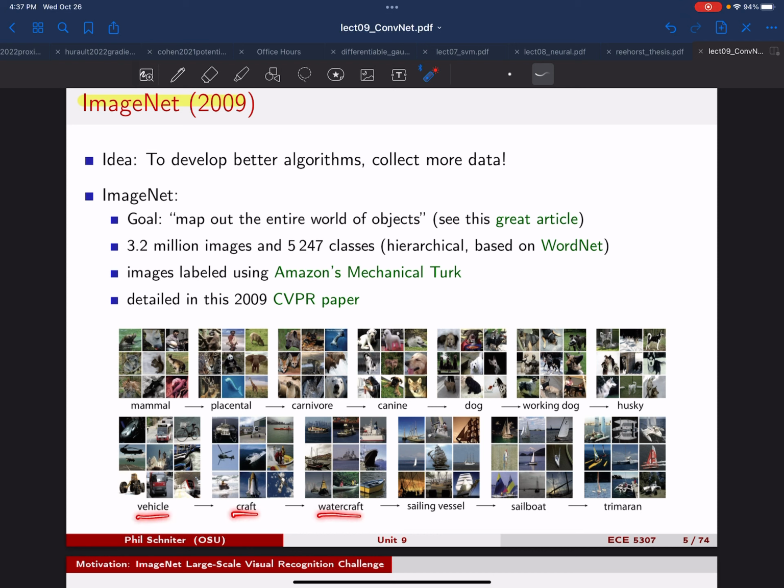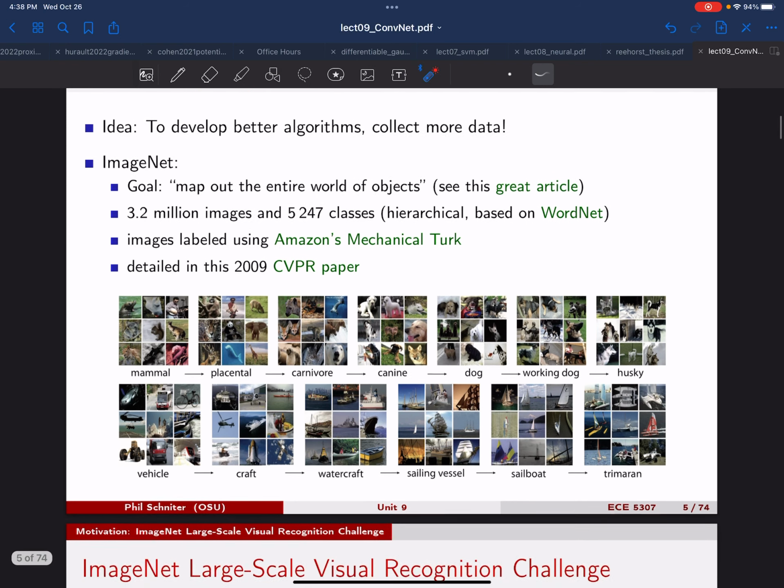Vehicle, craft, watercraft, sailing vessel, sailboat, trimaran, and so on. This is how the classes are organized in ImageNet, and this was based on an earlier idea, WordNet, which is a gigantic word database that was done, I think, in the mid 2000s, that has a similar hierarchical framework where they basically tried to classify all words and make a database of all words.